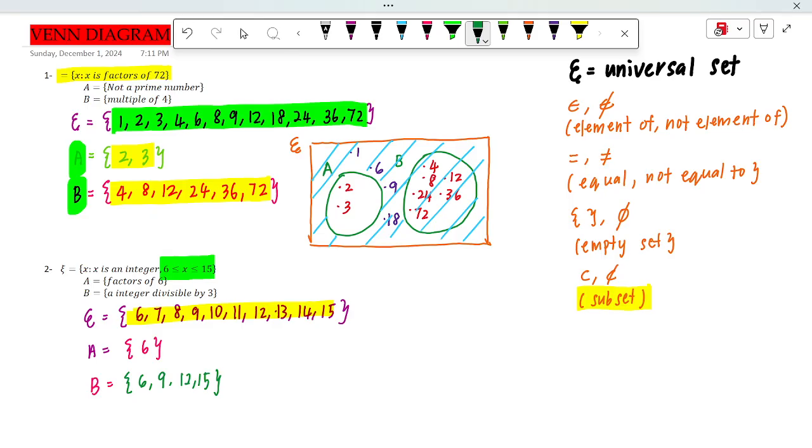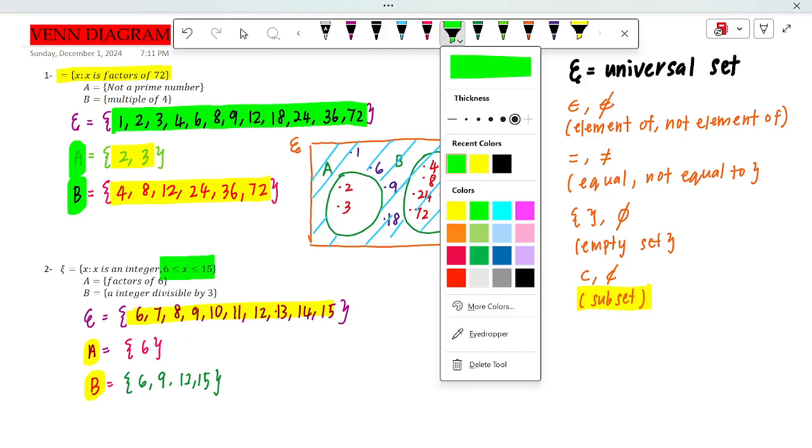Okay, so you already listed out your elements. Now you are going to draw your Venn diagram. Before you draw your Venn diagram, you already know you have 2 sets here. So you are going to draw 2 circles. Okay, but then you have to see whether they are overlapping with one another, are they going to meet each other, or you will draw 2 separate circles. So is there any common element between A and B?